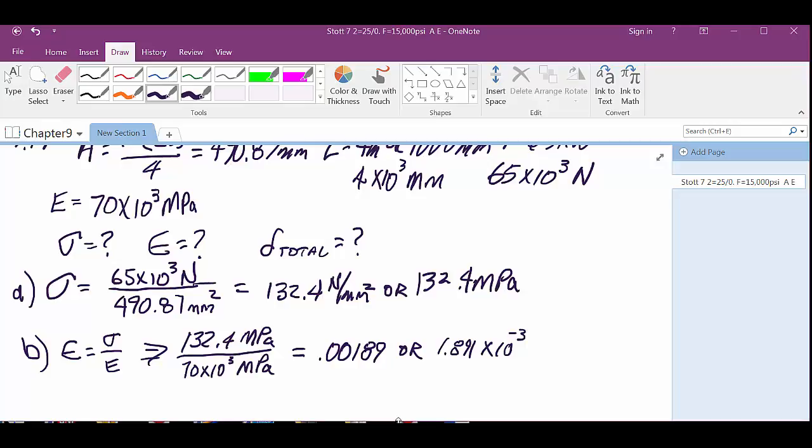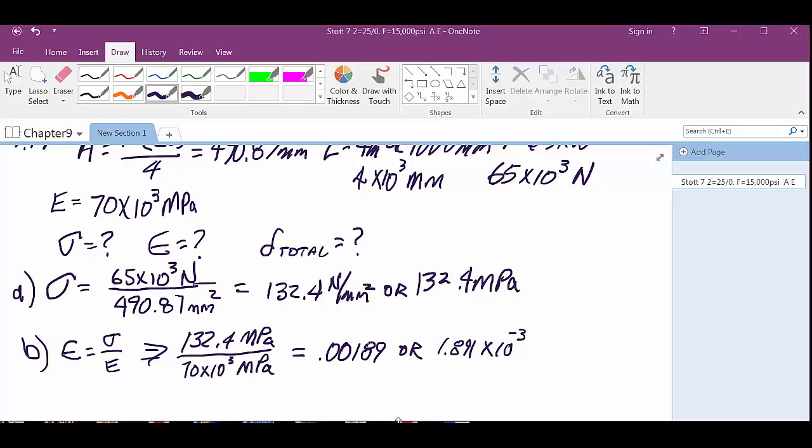Looking for the units for that: if you look on page 187, since the strain is a ratio of two lengths, it is dimensionless and considered a pure number. It's common practice, however, to express strain in terms of inches per inch, millimeter per millimeter, or meter per meter, depending on your unit.